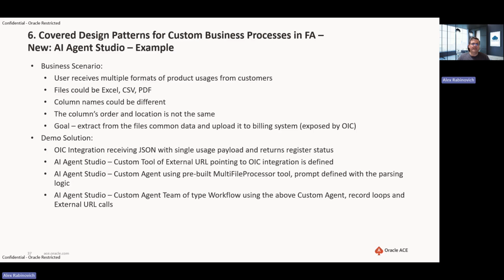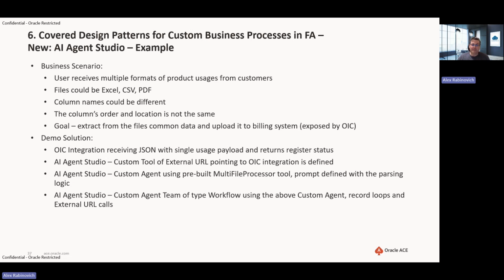So as I said, a user receives multiple formats of files from customers that show our product usages, and that at the end will result in charges to those customers. Files could be CSV, Excel, PDF, even MSG file, which is an email, which they will print to PDF and then share as PDF. In those different files, the order of columns could be different.